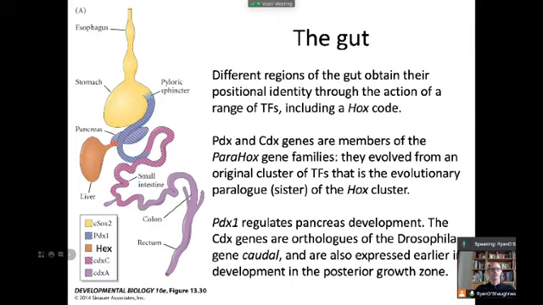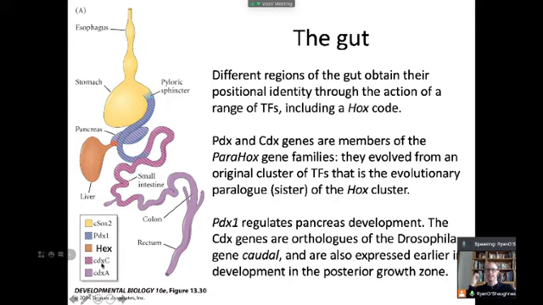PDX1 regulates pancreas development. The CDX genes, as we said, are orthologs of the Drosophila gene caudal and are expressed earlier in development in the posterior growth zone.